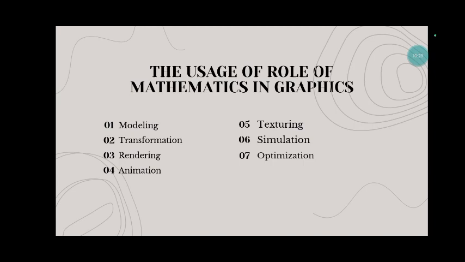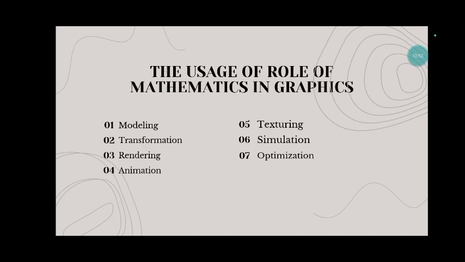Simulation. Mathematics powers simulations of real-world phenomena in graphics applications. Physics simulations, fluid dynamics, cloud simulation, and particle systems use mathematical models to simulate the behavior of natural phenomena and create realistic effects.